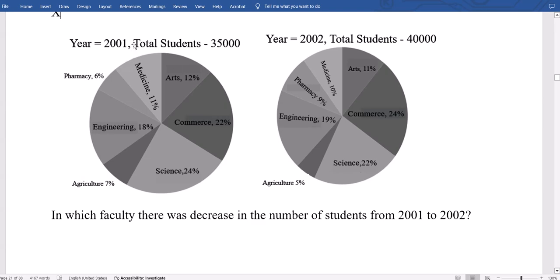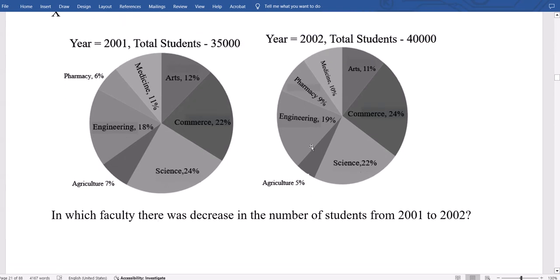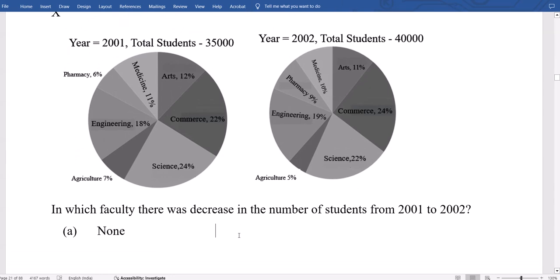Yeah, this is 2001 to 2002. In which faculty was there a decrease in the number of students? So in which department is the decrease in students happening? Decrease is happening in which department? Is it none?